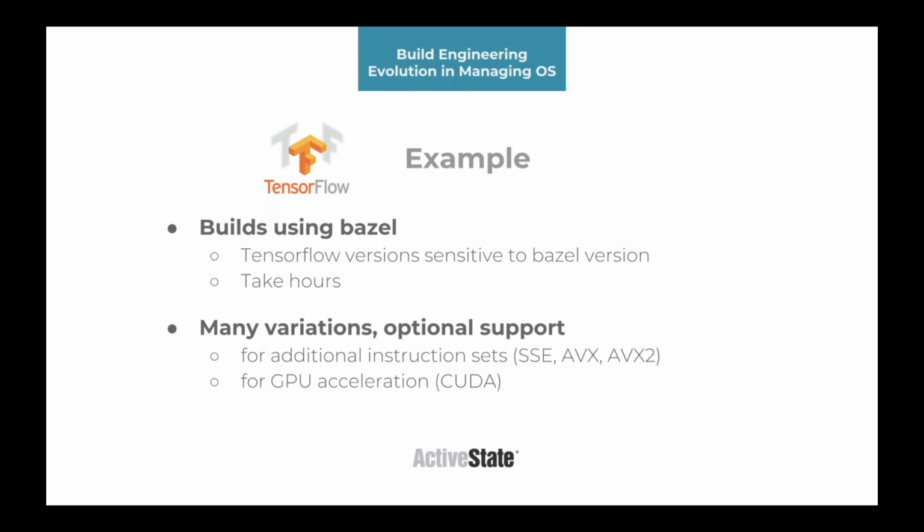The TensorFlow builds tend to be loosely coupled, at least, to the Bazel version that they build with. So if you're contemplating building TensorFlow from source, you'll need to know which version you want to build and which version of Bazel you're going to need to build it. Which also means if you've got multiple versions, you're going to need to be able to manage multiple environments that have different Bazel versions installed.